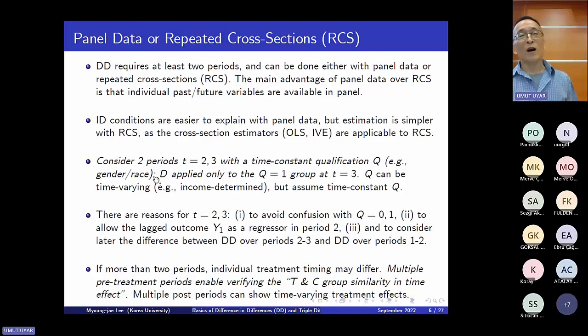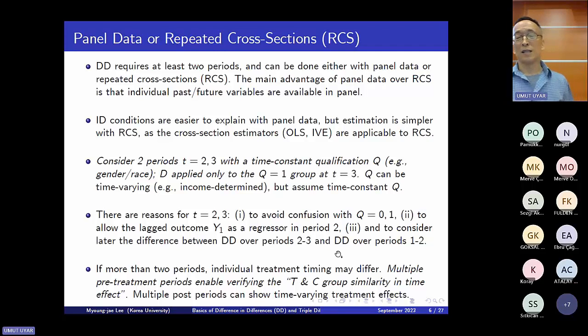You may wonder why I consider periods 2 and 3 instead of 1 and 2. There are a couple of reasons. I want to avoid confusion with these numbers for Q. And also it is possible that the lagged outcome Y1 may be used as a regressor in period 2.